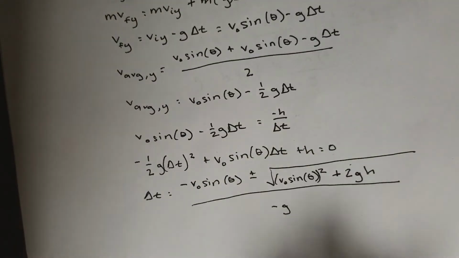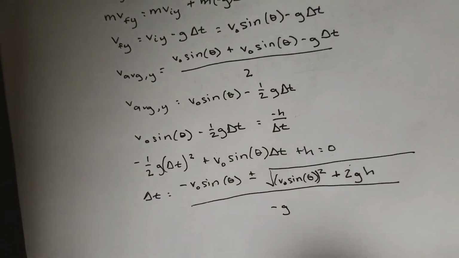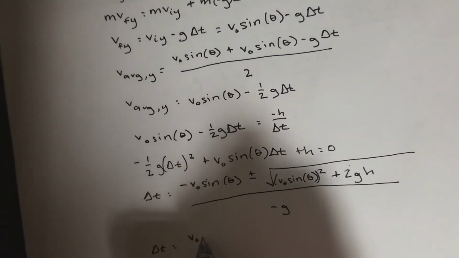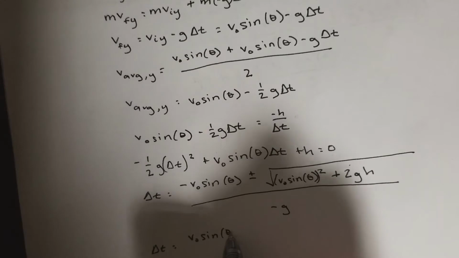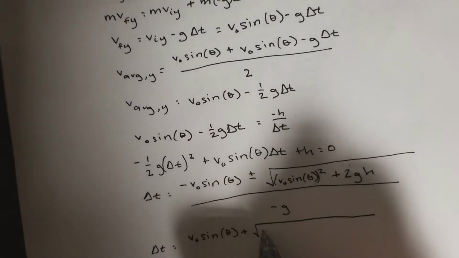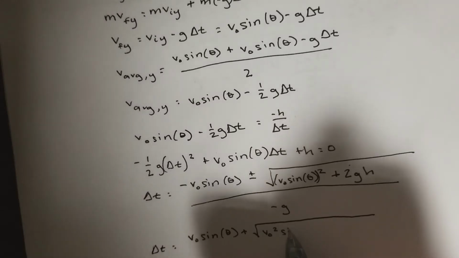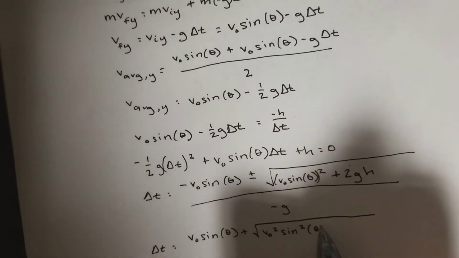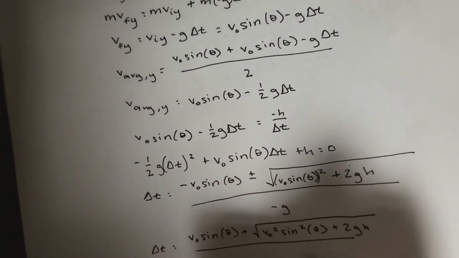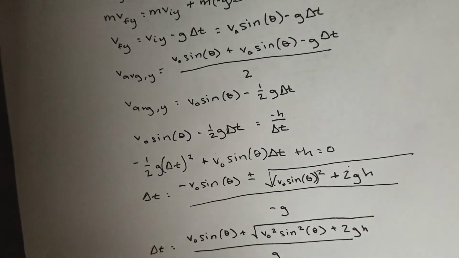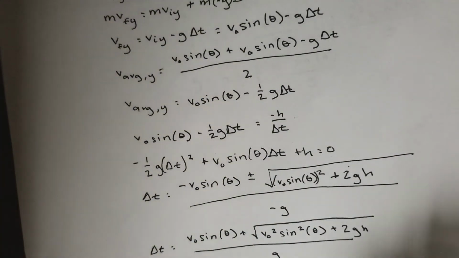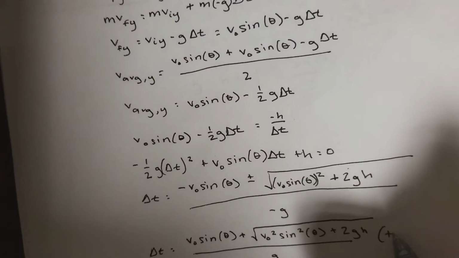And then because we want a positive t, we're going to say delta t is equal to v naught sine theta plus the square root of v naught squared sine squared of theta plus 2gh over g, which then we're going to call this 3 star.